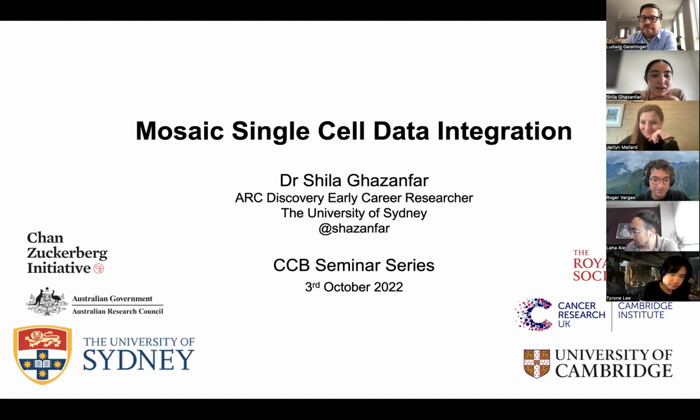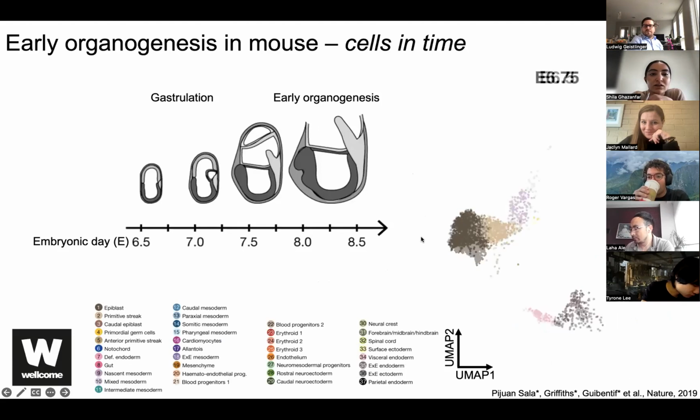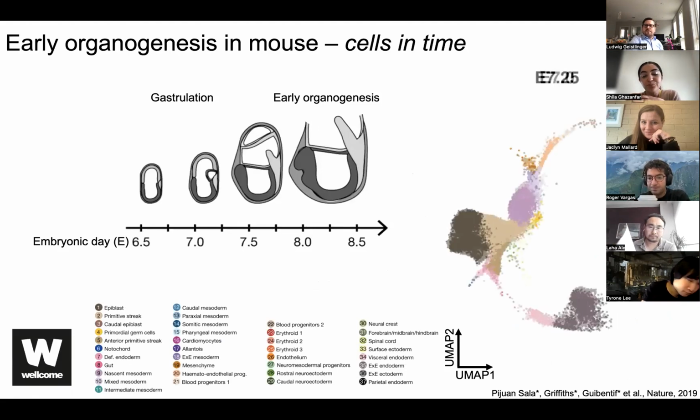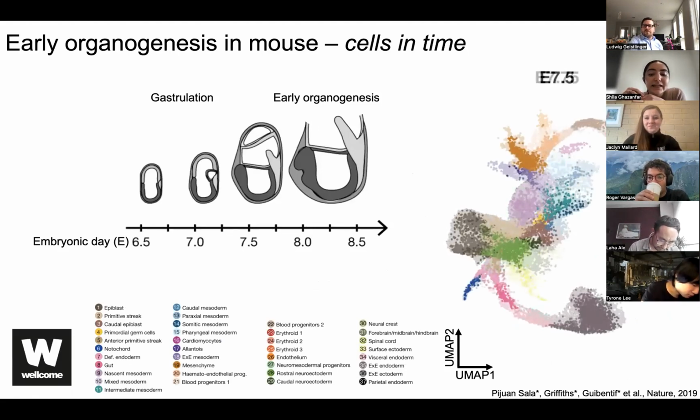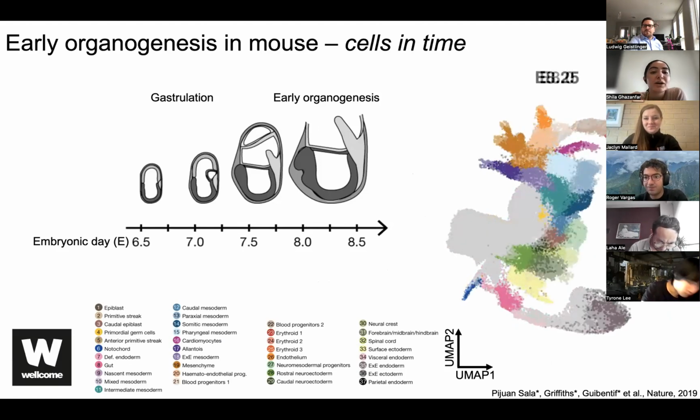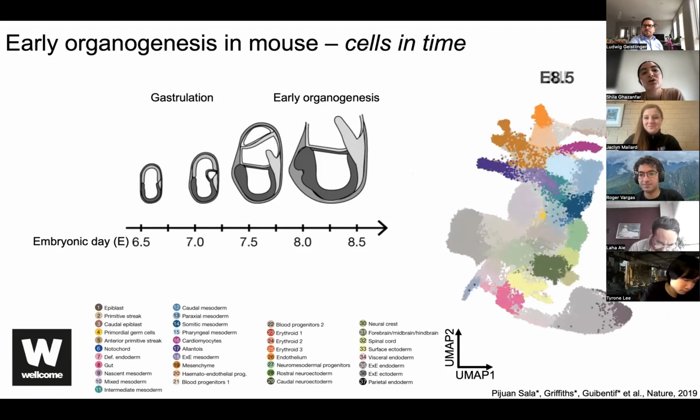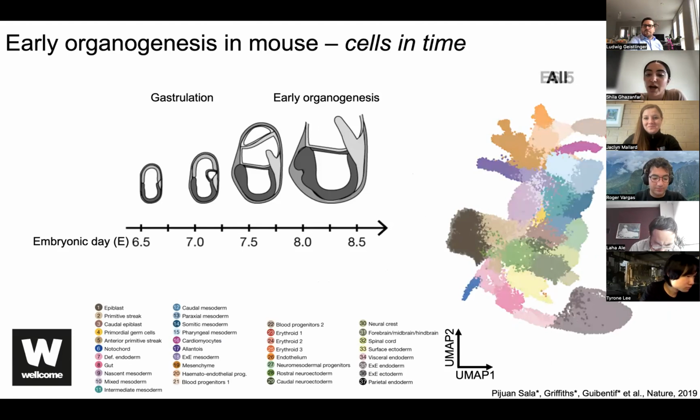So maybe a bit of context around what I did during my postdoc. So let me get into my slides here. In our lab, we were very much interested in early organogenesis in mice.